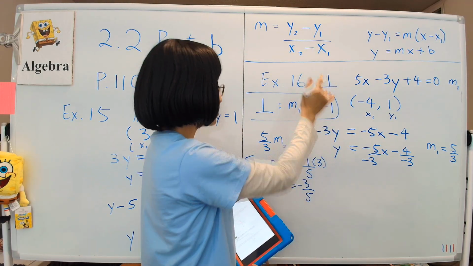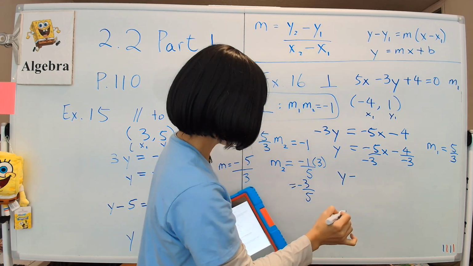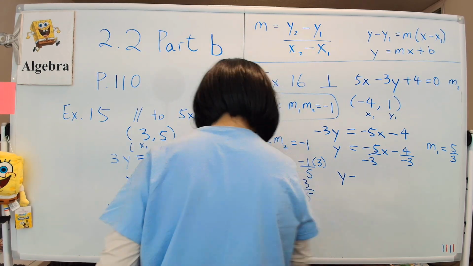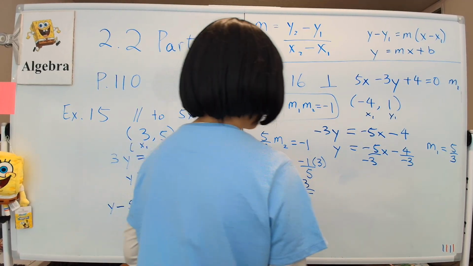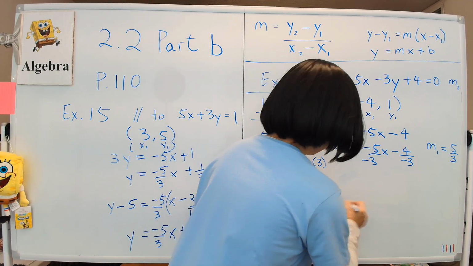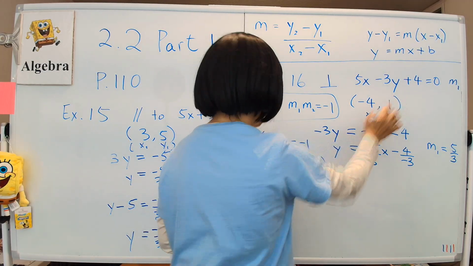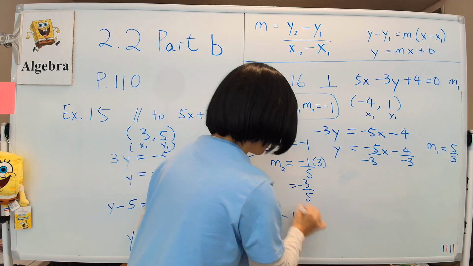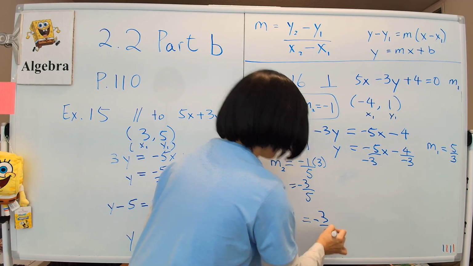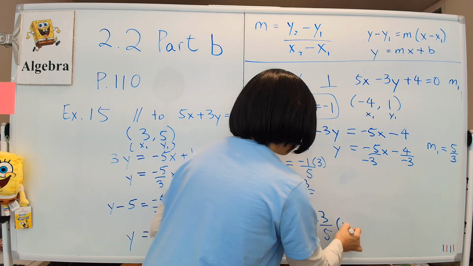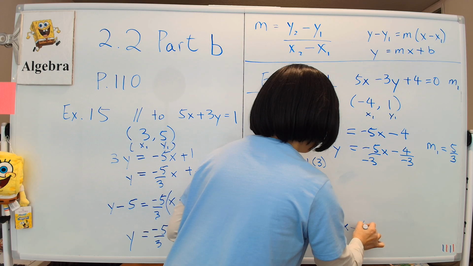Following the point-slope formula, we have y minus y1, which is 1, equals m, which is -3/5, times x minus x1. x1 is right here, minus -4.